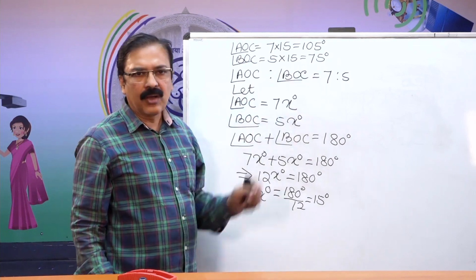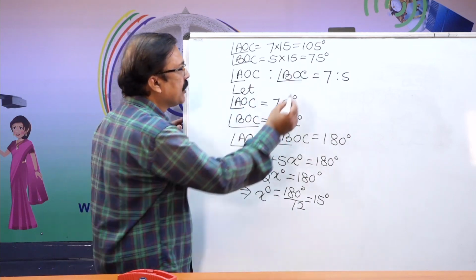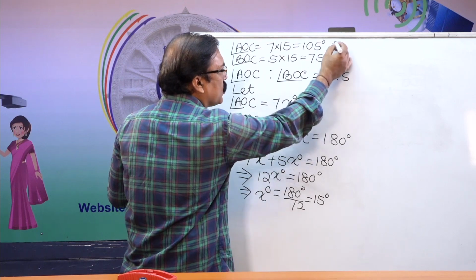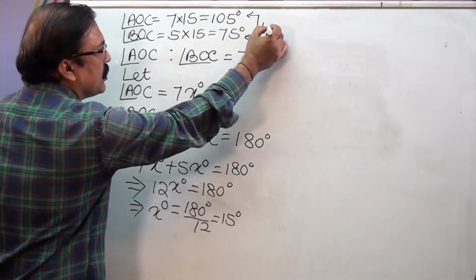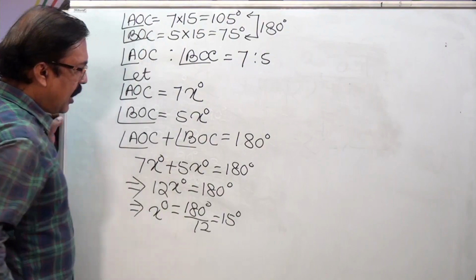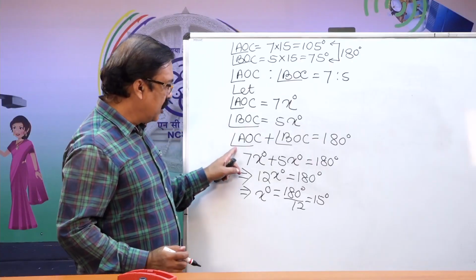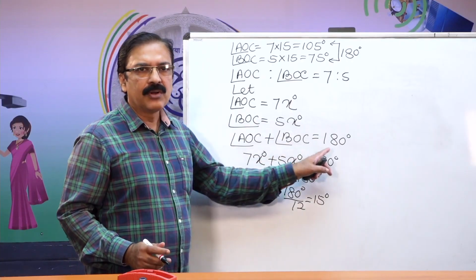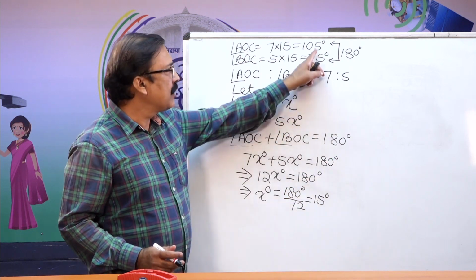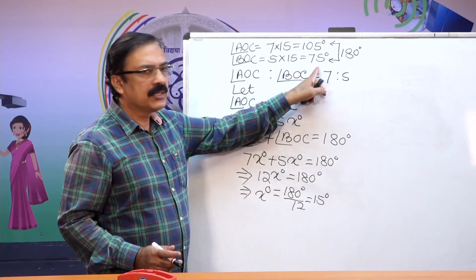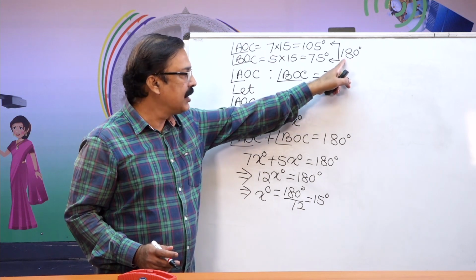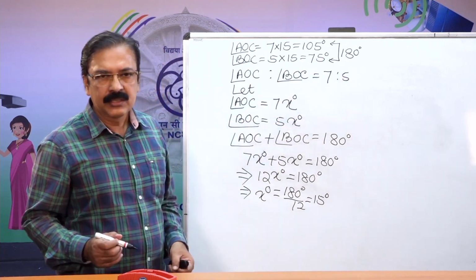Is this answer correct? Let's check it. If we find the sum of these two, it is 180 degrees. As we know, AOC plus BOC is equal to 180 degrees, and here 105 degrees plus 75 degrees is 180 degrees. So this answer is correct.